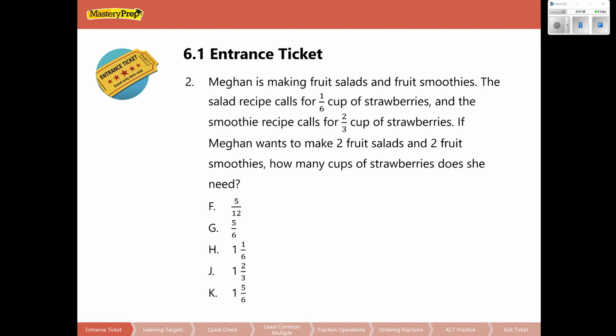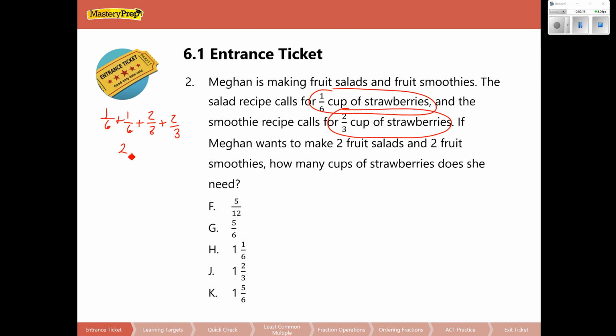Megan is making fruit salad and fruit smoothies. The salad recipe calls for 1/6 cup of strawberries, and the smoothie recipe calls for 2/3 cup of strawberries. Megan wants to make 2 fruit salads and 2 fruit smoothies. Well, we can say that we're adding 1/6 plus 1/6 plus 2/3 plus 2/3.